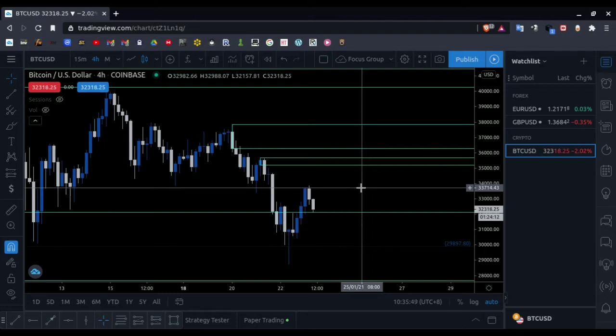Now, depending on the currency pair you trade, different times that currency pair may be more active than others. If you're trading an Asian currency pair such as USD JPY or the Aussie dollar or the New Zealand dollar, they might have higher active hours during the Asian session.